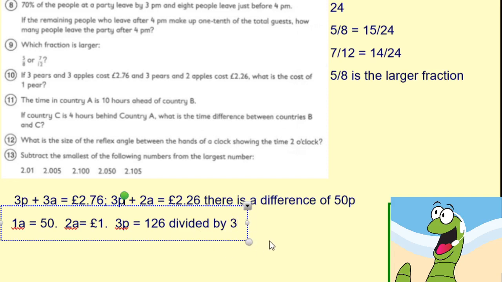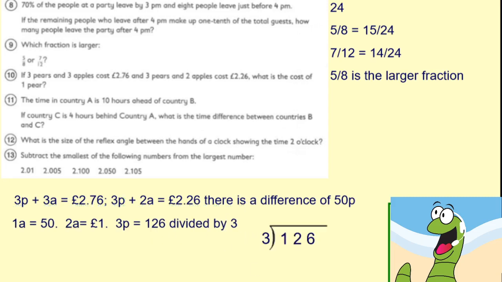I can't see what I'm doing. Okay, so let's work this one out. 3 into 12 goes 4 times. 3 into 6 goes twice. That means that the cost of 1 pear equals 42 pence.